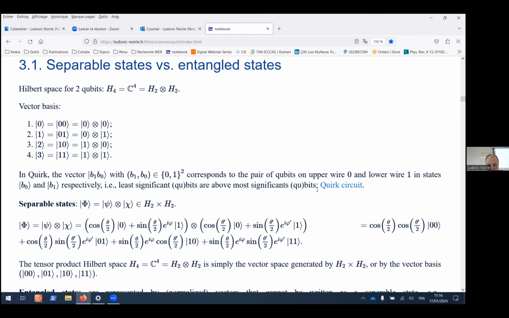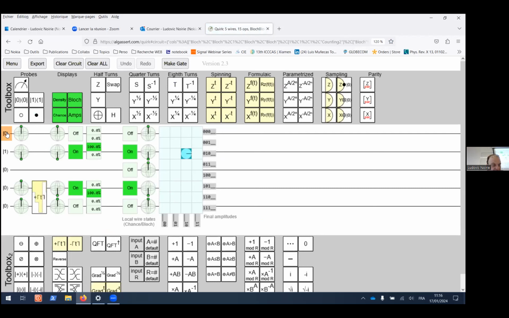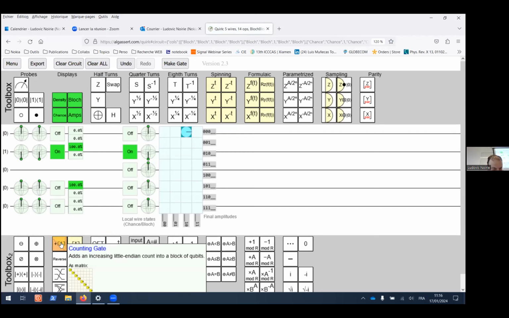It's just the fact that you have, for example, for 0 tensor product 1, 0 on the first qubit and 1 on the second qubit. Here I use this gate.